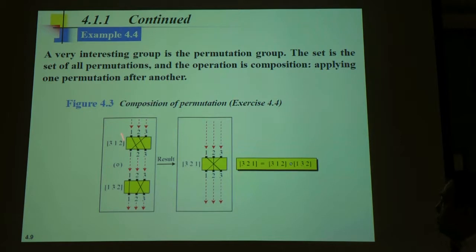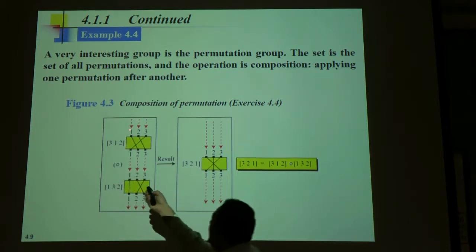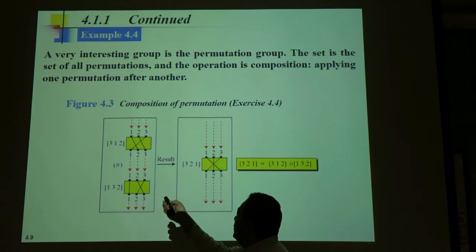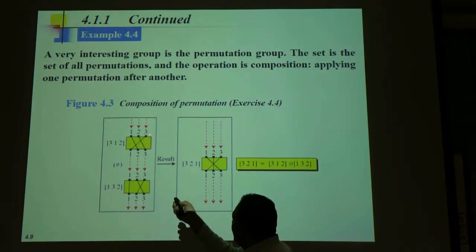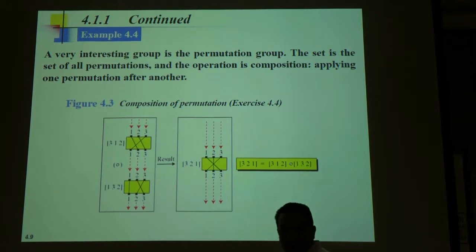Whatever input you have goes to the second, and you know what happens here. Whatever input is here will go to here. That's like a box that switches from one side to the other, right?